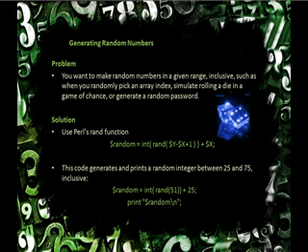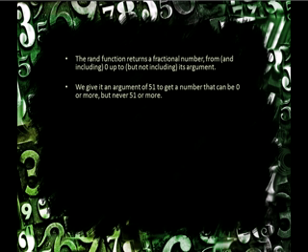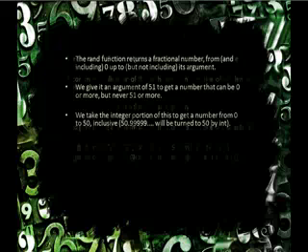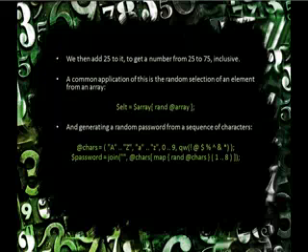The rand function returns a fractional number from 0 up to its argument. We give it an argument of 51 to get a number that can be 0 or more, but never 51 or more. We take the integer portion of this to get a number from 0 to 50 inclusive. 50.99999 will be returned as 50 by int.